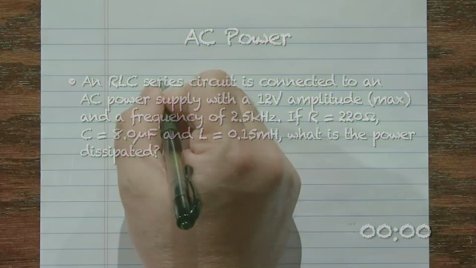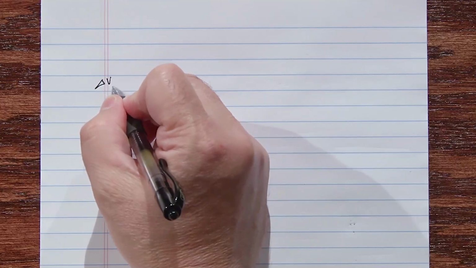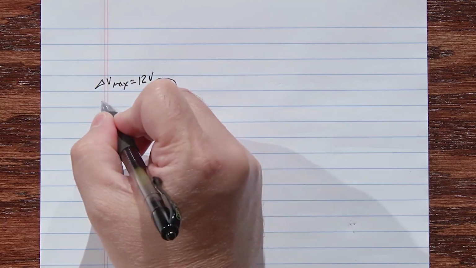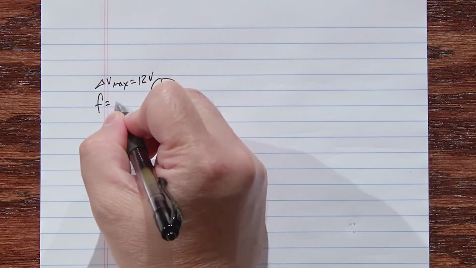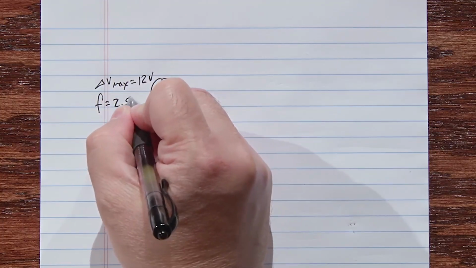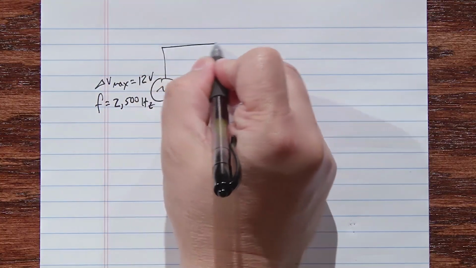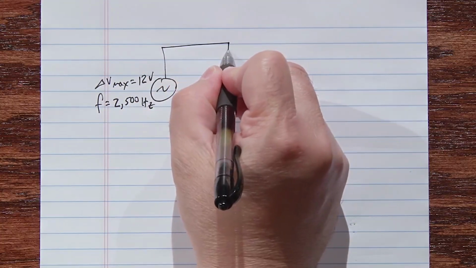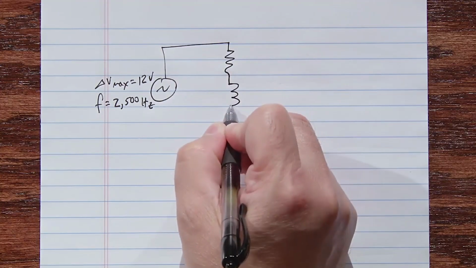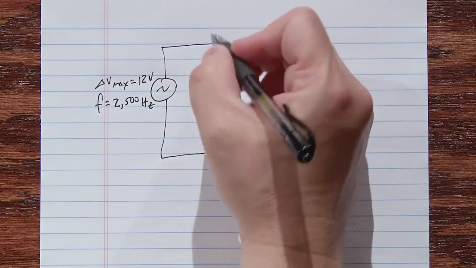Here's our circuit. There's our voltage, delta V max is equal to 12 volts. The frequency is 2.5 kilohertz or 2,500 hertz. And we've connected it to a resistor, inductor, capacitor circuit.